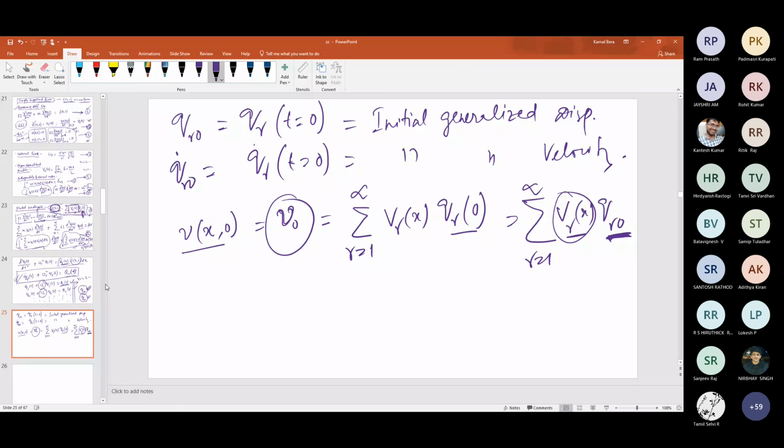Just use the orthogonality condition, multiplying both sides by m into V_s(x) and integrate over the domain again. Okay. Use the orthogonality condition. What you will get?